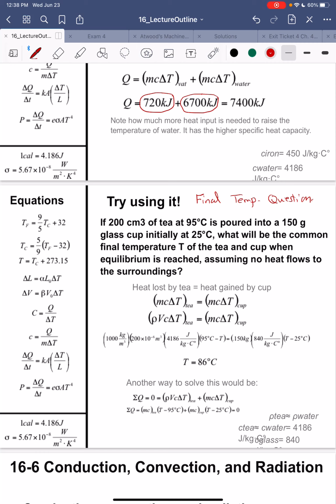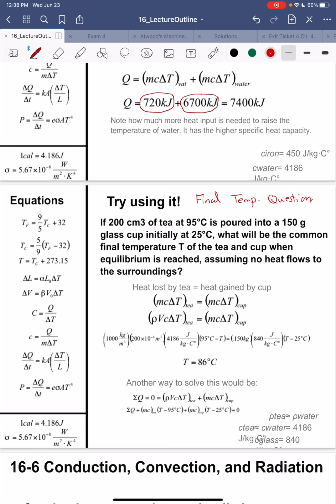Since they are put into thermal contact, the warm one is going to lose, and the cold one is going to absorb. Then I can put the equations m c delta T for the tea equals m c delta T for the cup.